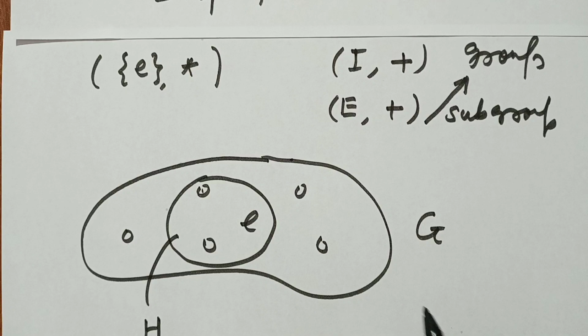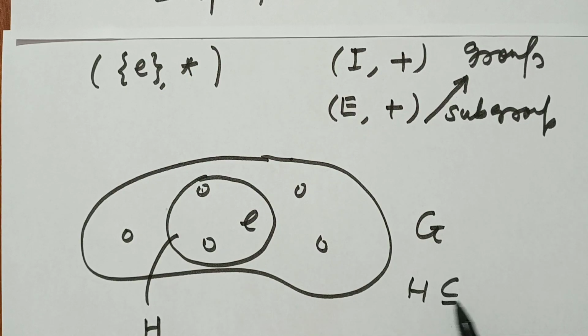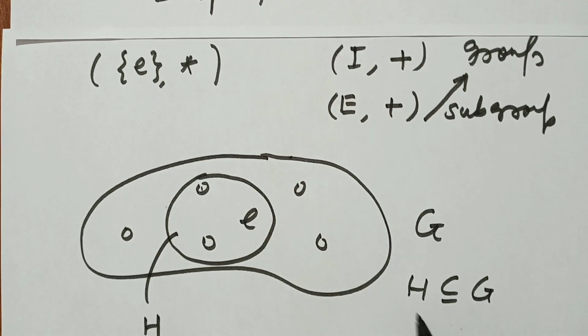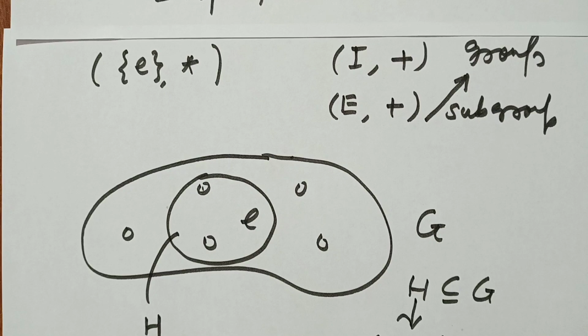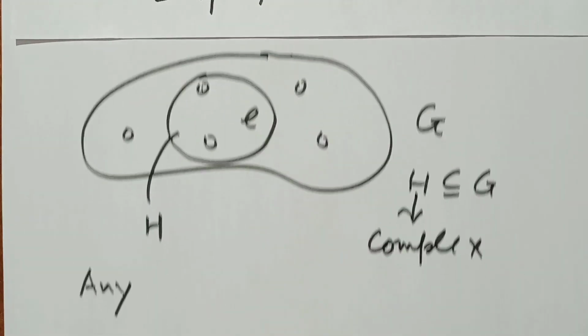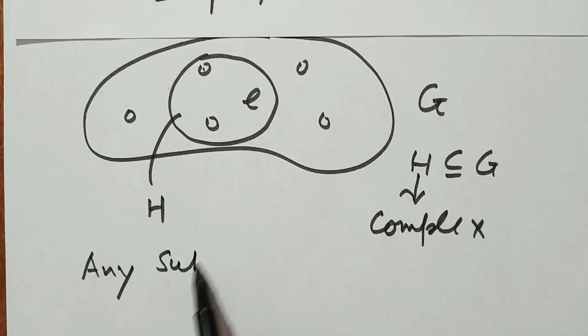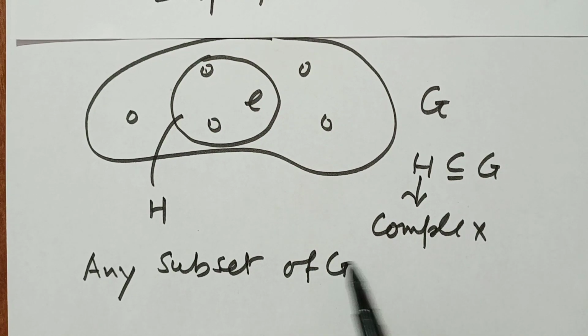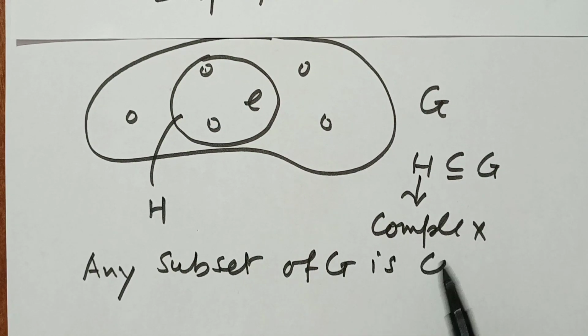So if H is any subset of G, then in this case H is called a complex. Complex means any subset of G is called a complex.